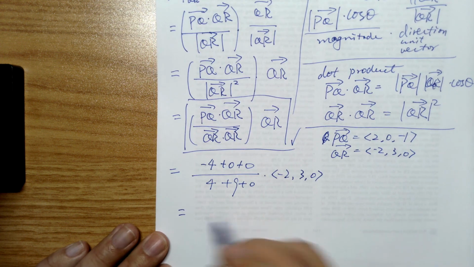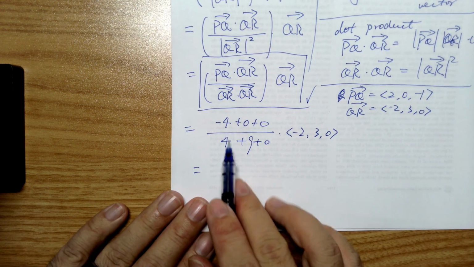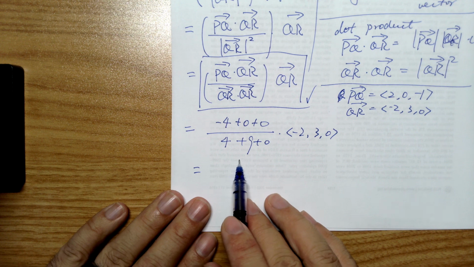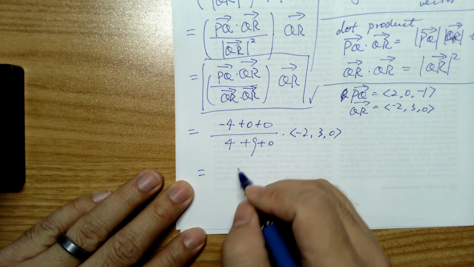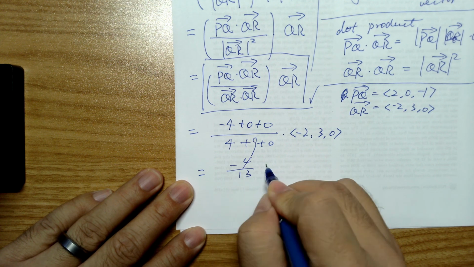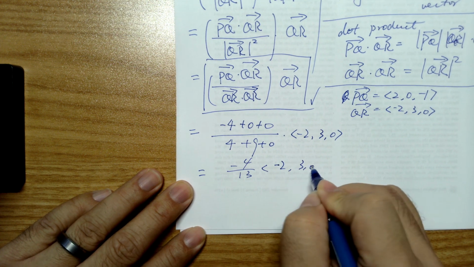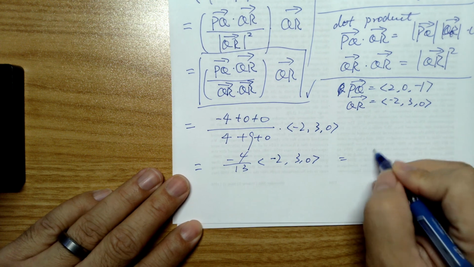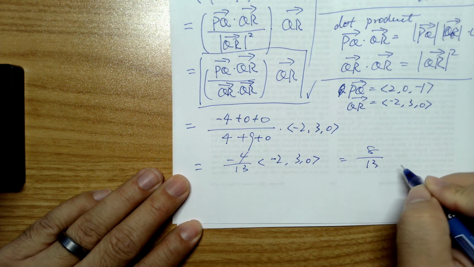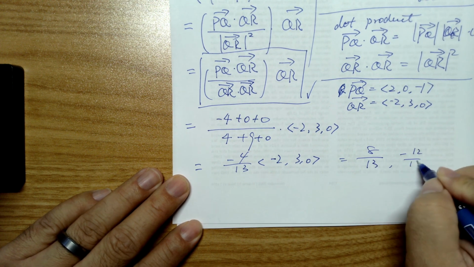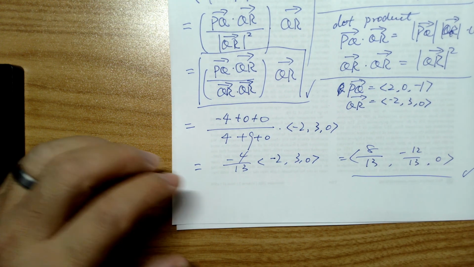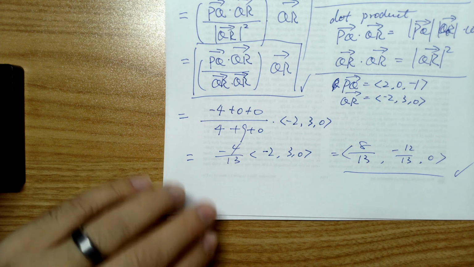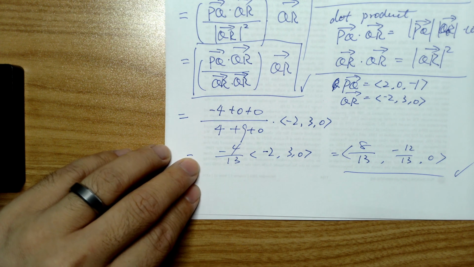So this turns out to be negative 4 over 13 times that vector, which gives 8 over 13, negative 12 over 13, 0. So that's the projection of PQ onto QR.